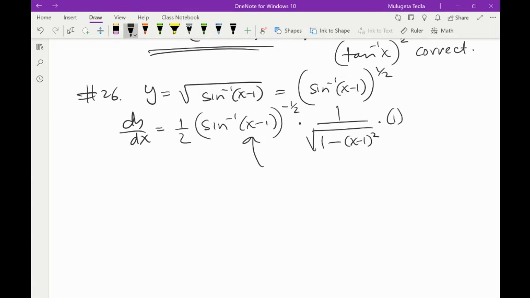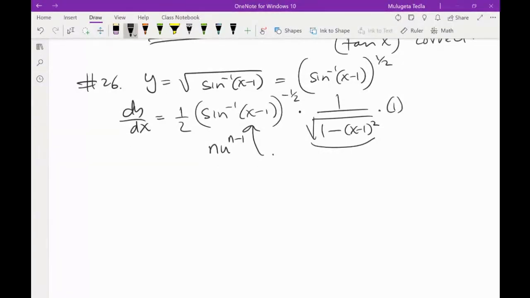Bring the half, write down the base, take away 1 from the exponent, that's n minus 1, times du/dx. What is the derivative of the base? That's sine inverse, so 1 over root of 1 minus the value squared, not the angle, the value squared. It's no more the angle when it's inverse. Times the derivative of the inside, which is 1.